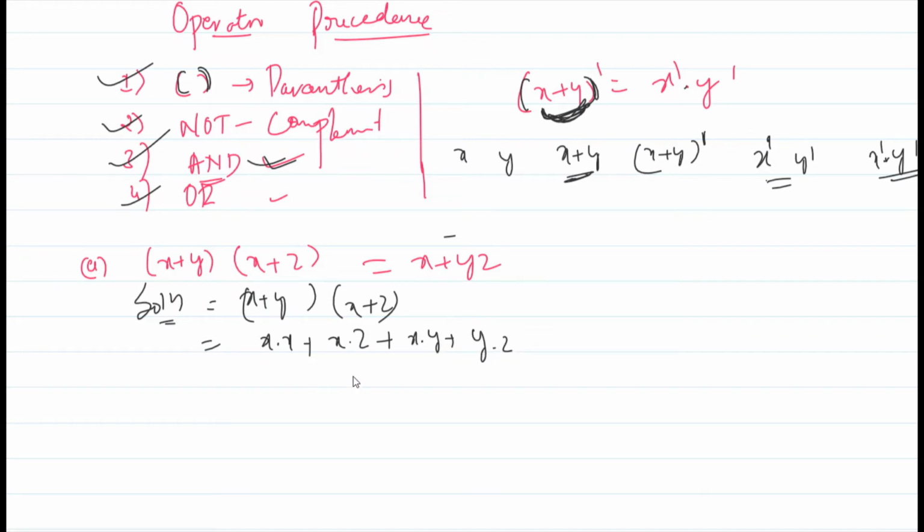Now you can see, x dot x means what? As you know, x dot x is equal to x itself, so I write x dot x as x, plus x dot z as it is, plus, here if you observe, x dot y and y dot z, I can directly take common here, I write x dot y plus y dot z.